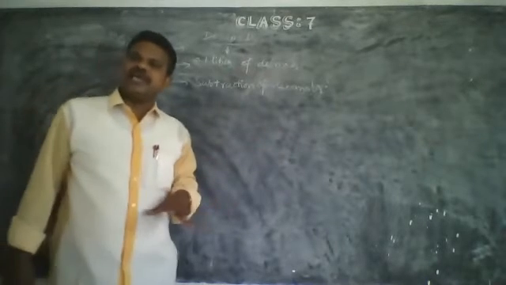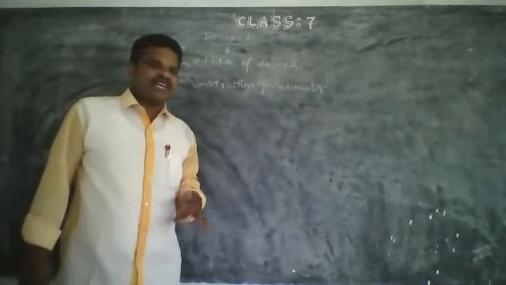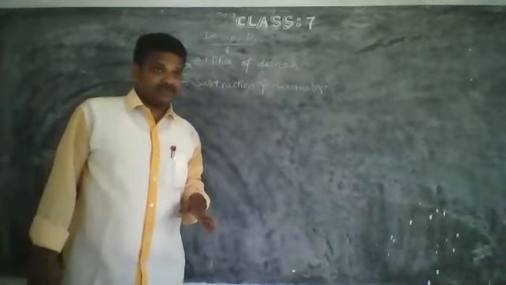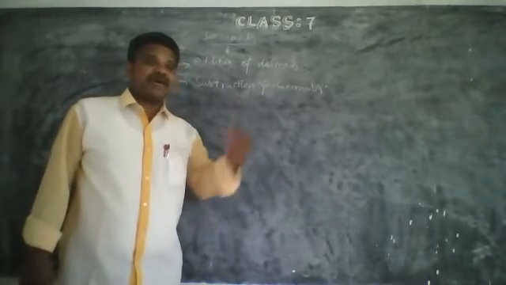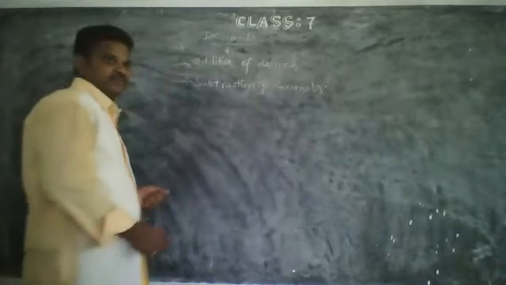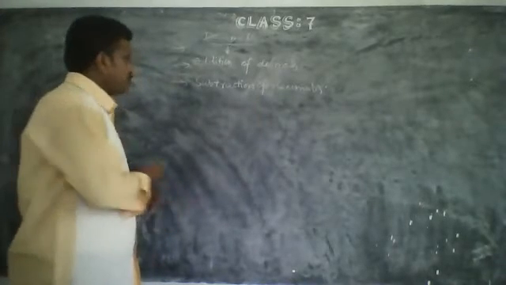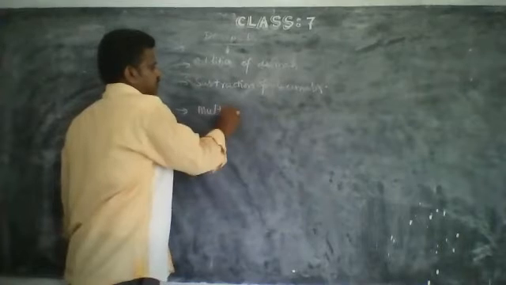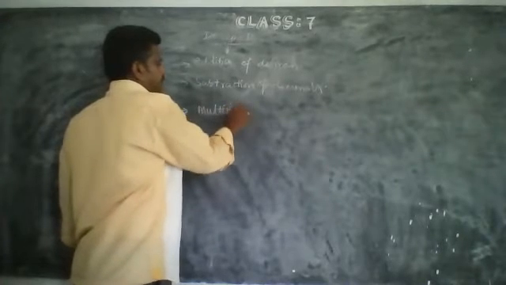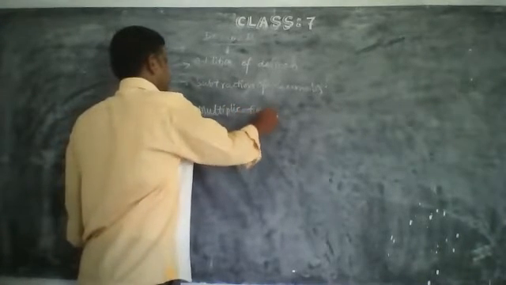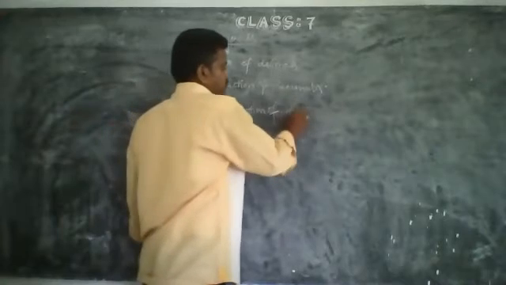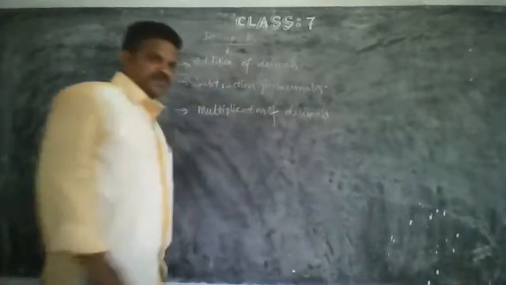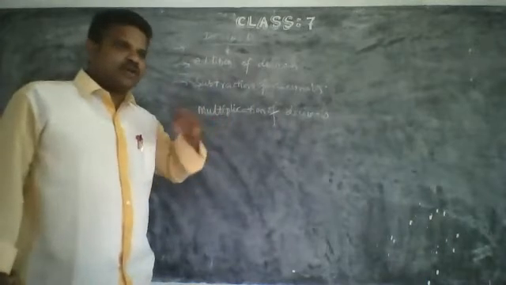And then what about today? You know the multiplications. How to multiply decimal numbers. So let us understand by a small example, right? While multiplying the decimal numbers, just arrange the numbers one below the other.